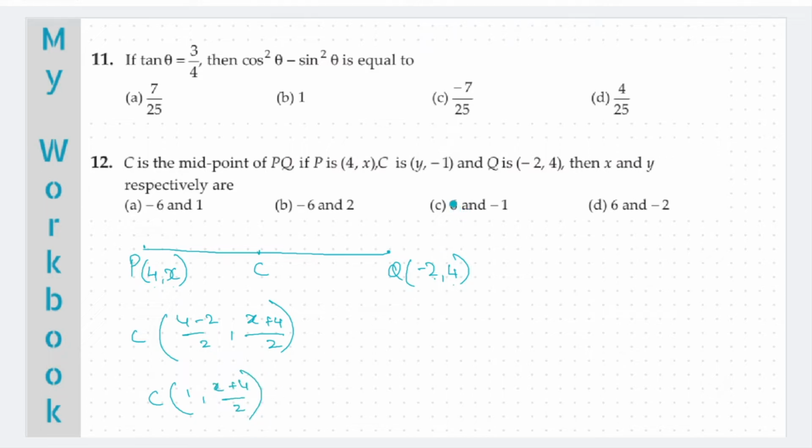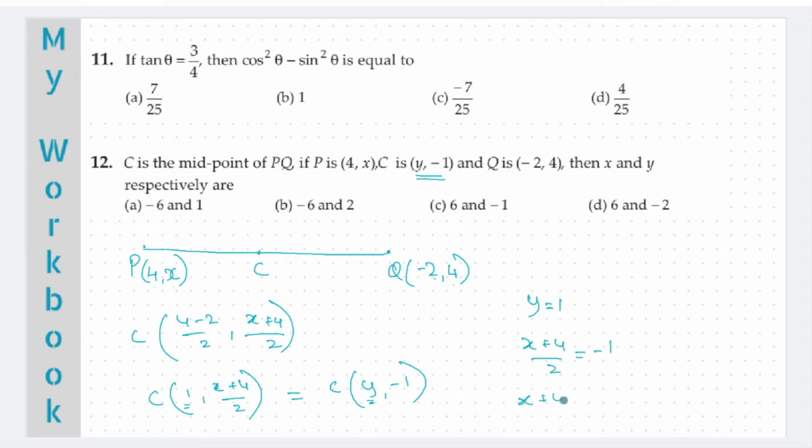Now in the question they have given that C's coordinates are y, minus 1. So we just have to compare both and arrive at the values for x and y. 1 is equal to y. So y will be 1, and let's compare the y coordinates. You will get x plus 4 by 2 is equal to minus 1.